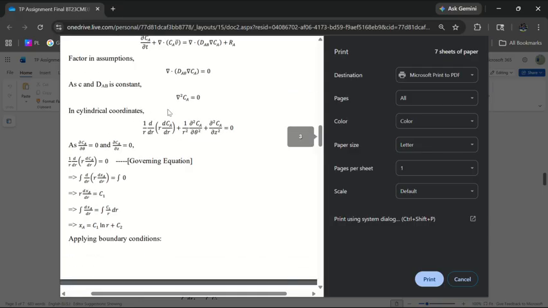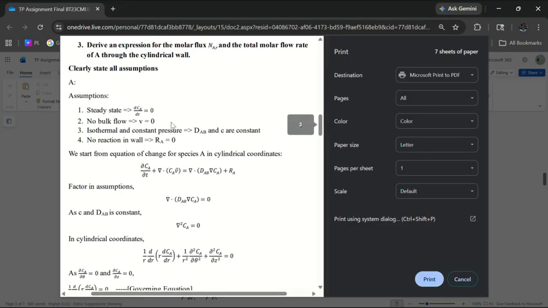Now in cylindrical coordinates, when we expand del square CA, we get 1 by R d/dr of R dCA/dr, plus 1 by R square ∂²CA/∂θ² plus ∂²CA/∂Z² is equal to 0.